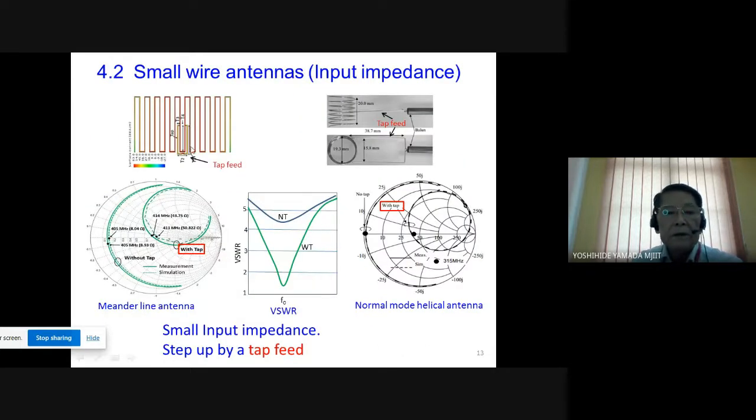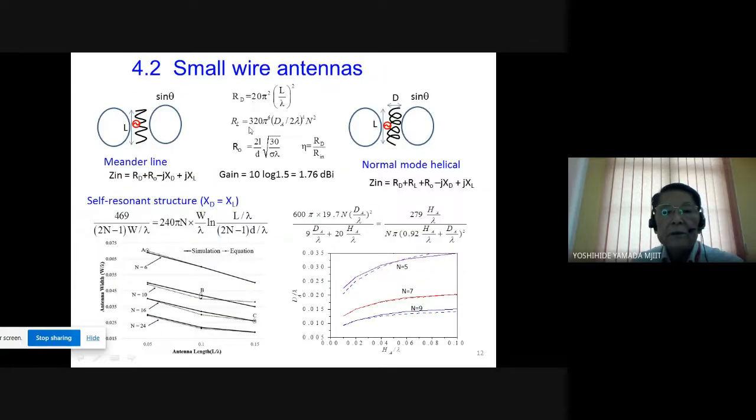So for the input impedance measurement, this is the small dipole resistance. This is reactive resistance.